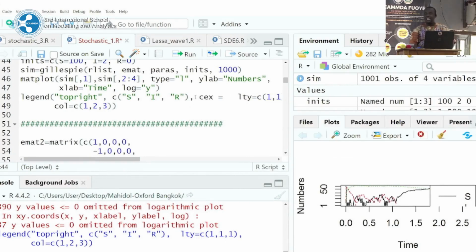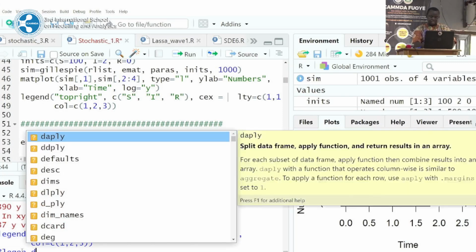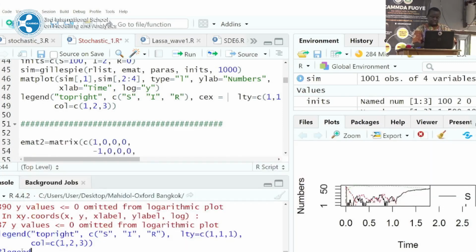If you type legend, you can always find all the options, all the arguments. It's a function.